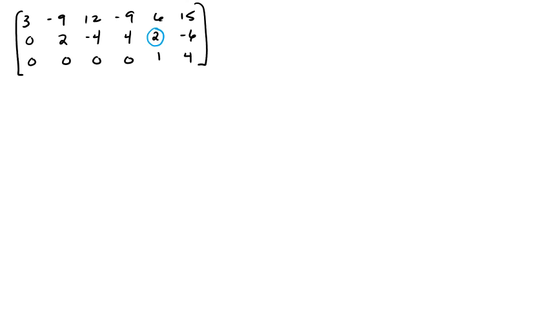So if I want to make that a 0, I need to think about what I can do to achieve that. The easiest thing to do is to use these 2 rows. So I'm going to multiply row 3 by -2 and add that to row 2. And this will become my new row 2.